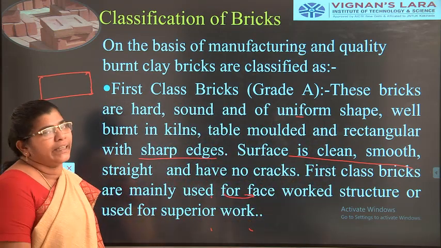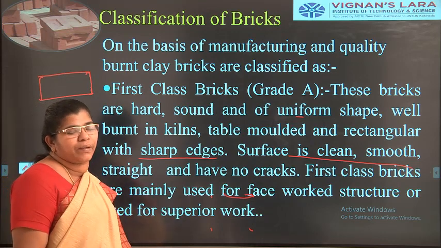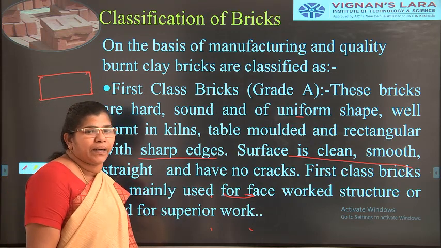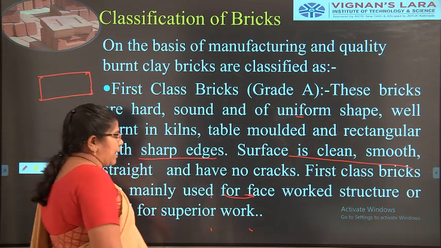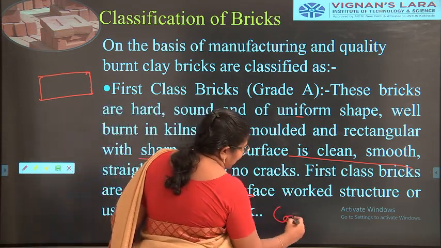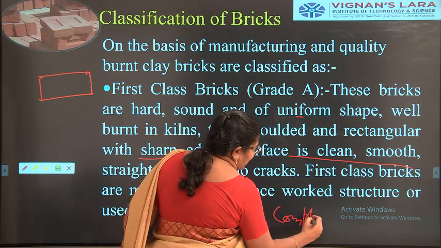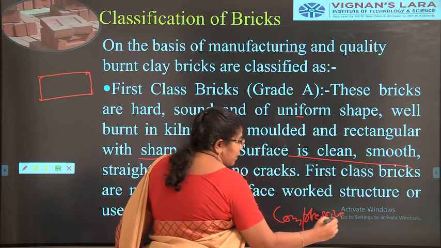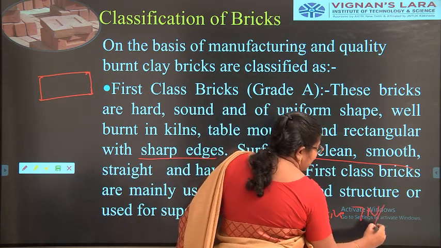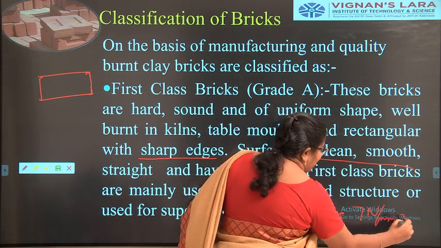The compressive strength of the bricks will be around 7 Newton per mm square and above. I repeat again, this type of class A bricks will have a compressive strength of 7 Newton per mm square and above.